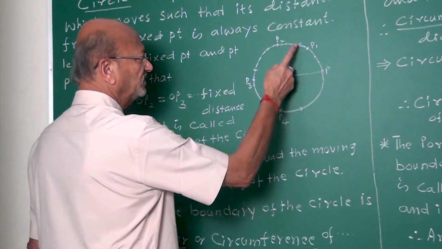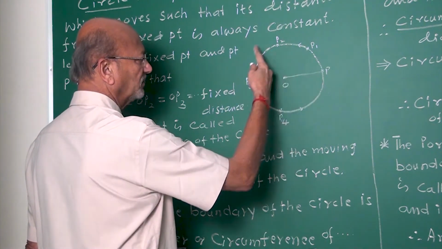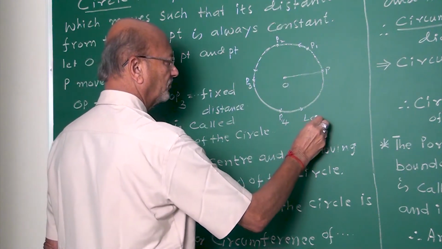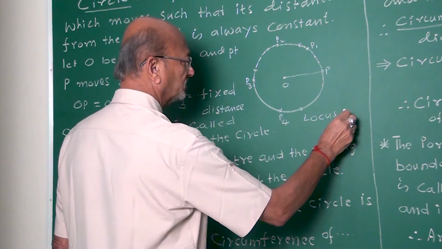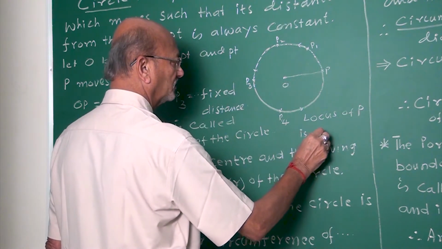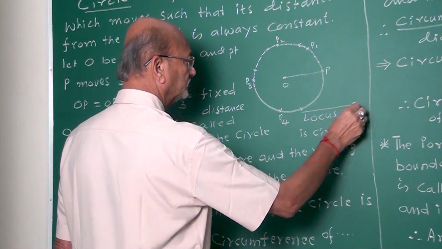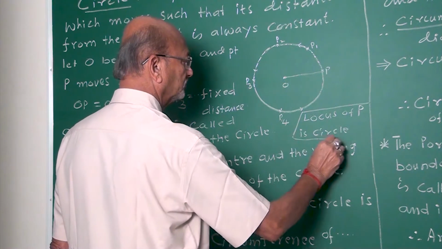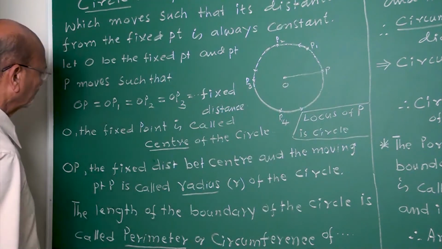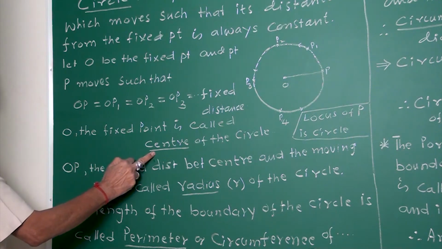Remember, the path traced by P, this way of tracing the path, the locus of P, is a circle. The point O, which is a fixed point, is called the center of the circle.